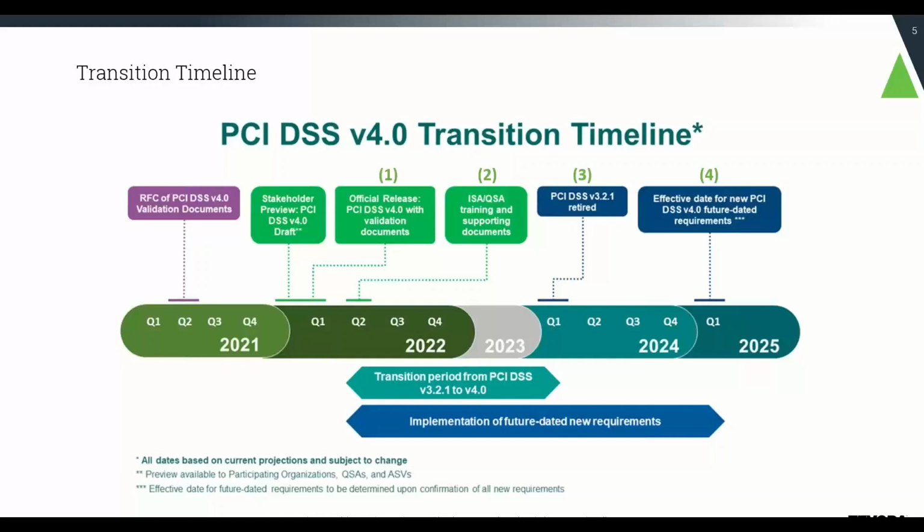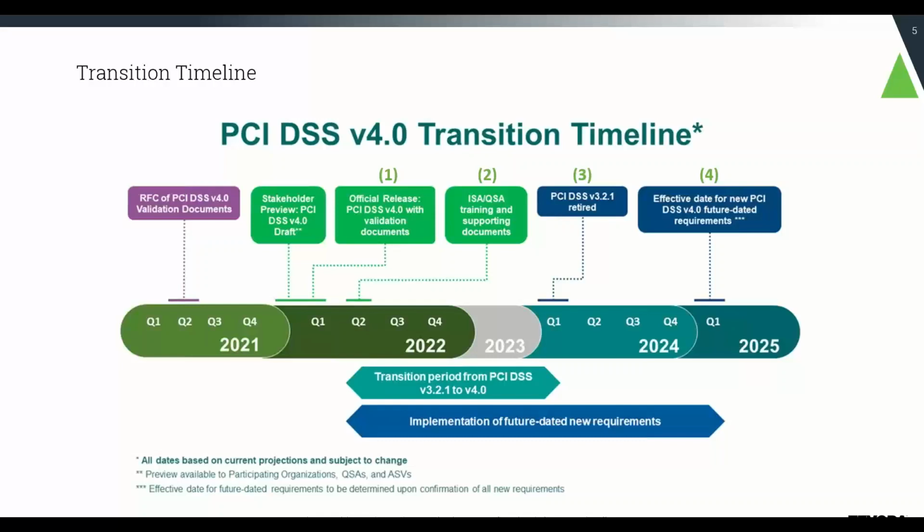So up to this point, you would be able to choose either 3.2.1 or 4.0 for your assessments, but right at Q1 of 2024, more specifically the 31st of March, that's when the 3.2.1 option is no longer available for you. So after that point, we'll be using 4.0 starting at 31st of March 2024.